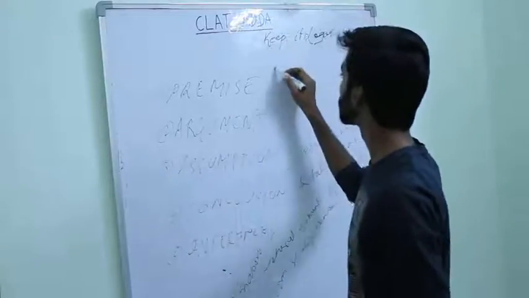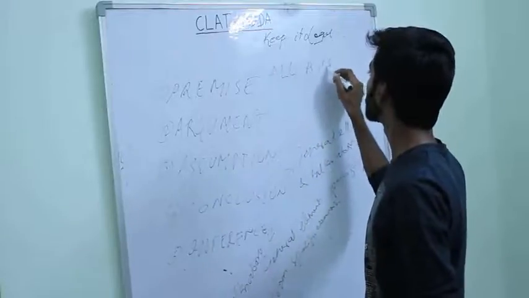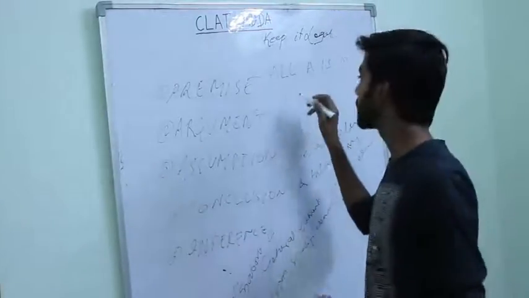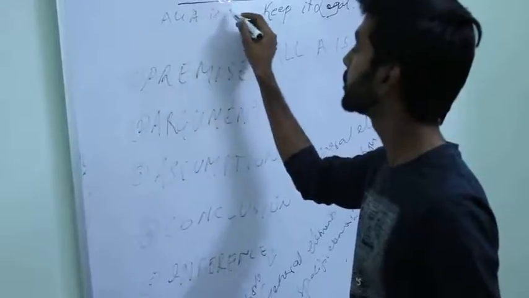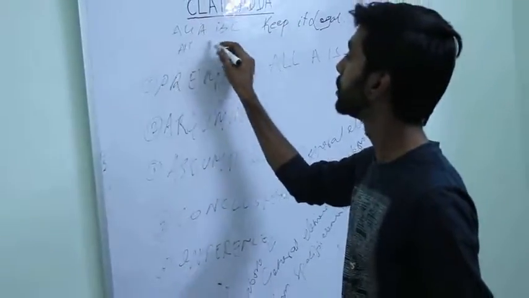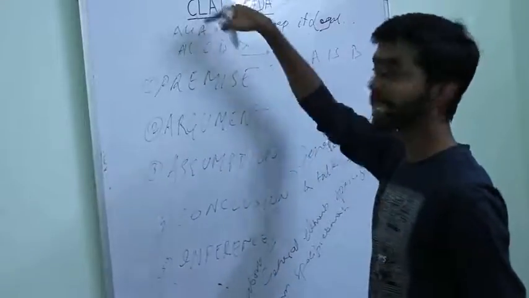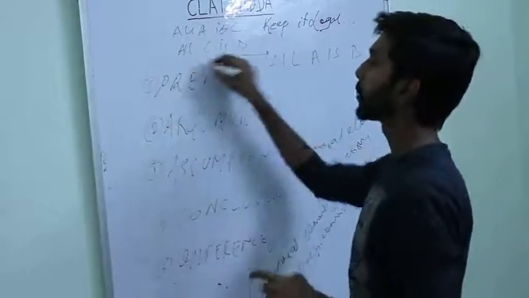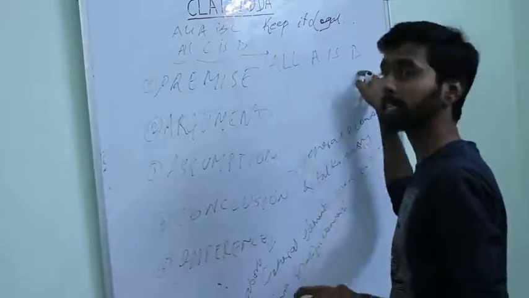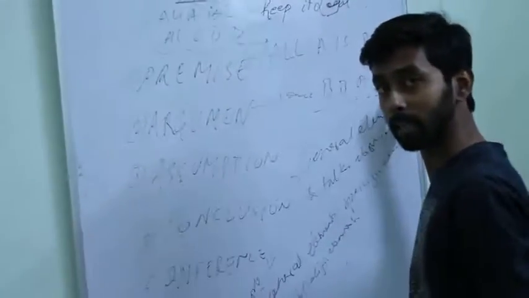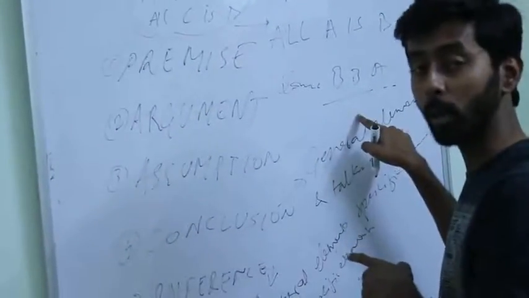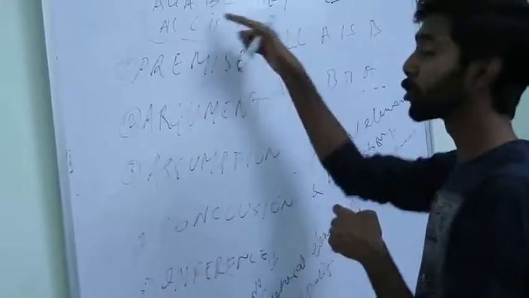An example would be, say there is this statement, all A is B. Now this conclusion I am drawing from the premises all A is C, all C is B. Therefore you can easily see from the given premises that you can come to the conclusion that all A is B. But some B is A. Some B is A is the kind of conclusion that you cannot directly draw.